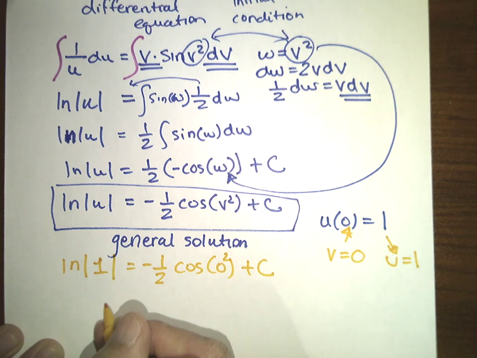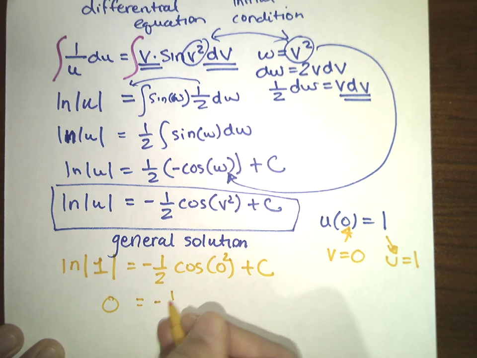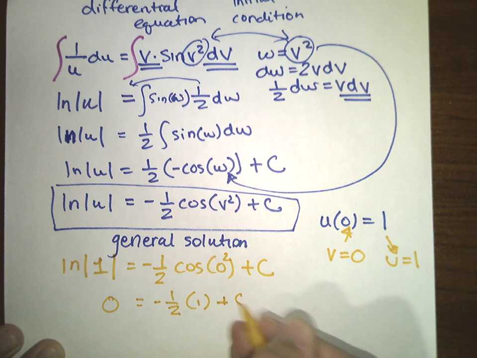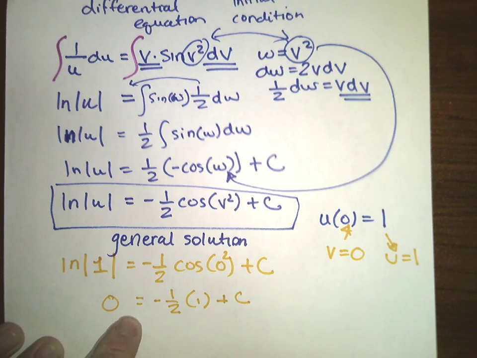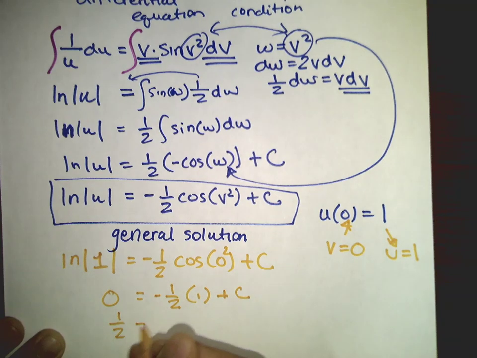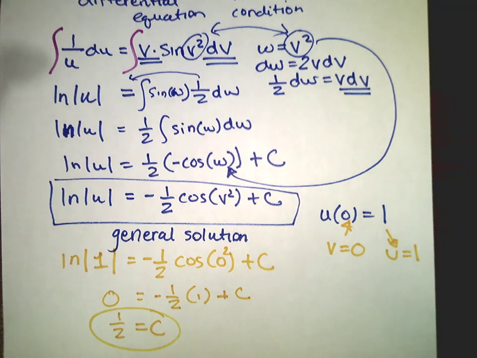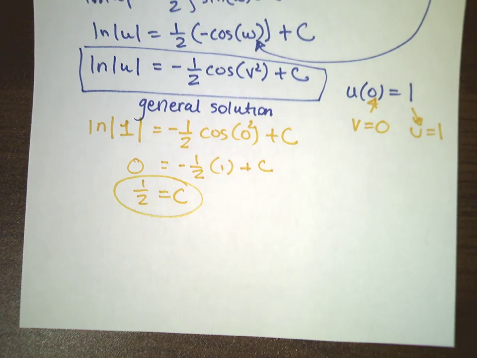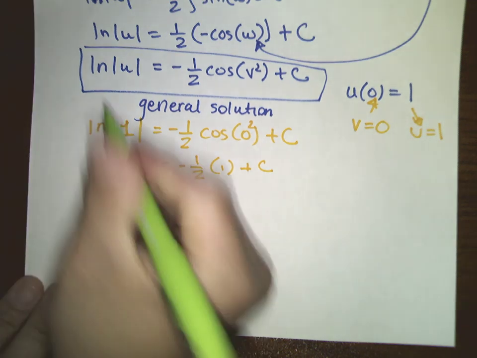So natural log of 1 is 0, and cosine of 0 is 1. So then if I add the 1/2, I have 1/2 is equal to c. So that is the constant of c, and then I can substitute that in to figure out the particular solution. So there we go.